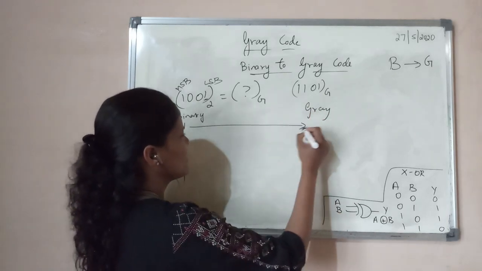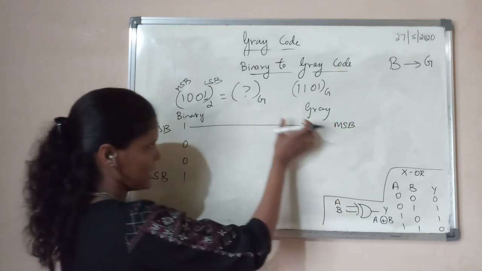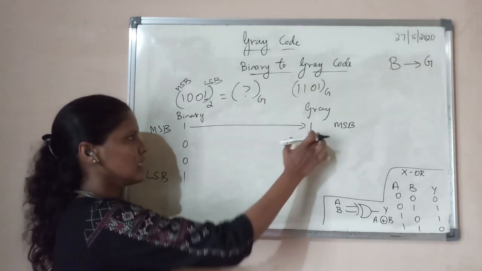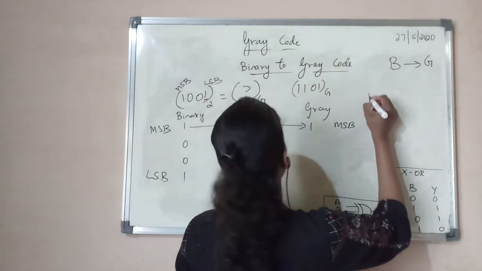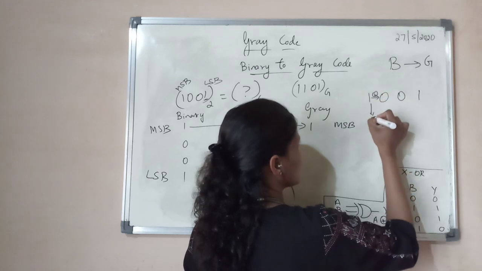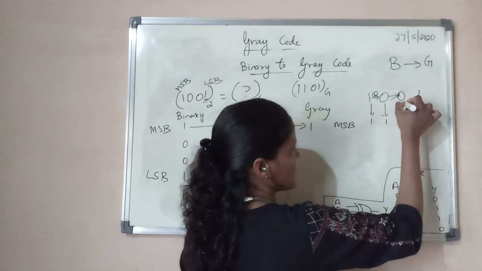The MSB of the gray code is the same as the MSB of the binary. The same number. Here, if it's 0 over here, even this will be equal to 0.